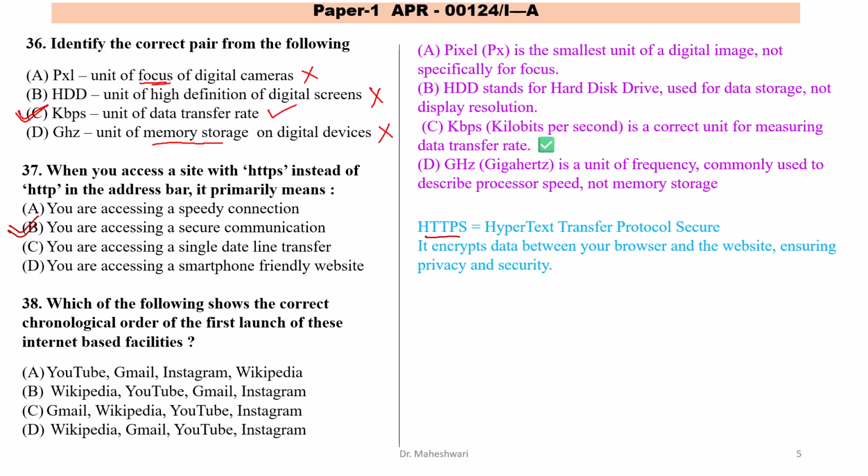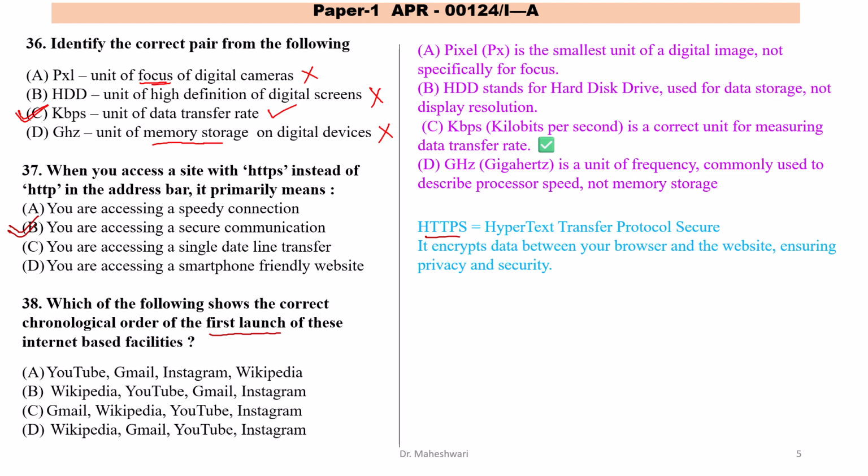Now next one is, which of the following shows the correct chronological order of first launch of these internet based facilities? Chronological order means which one was launched first, in increasing order, so the earliest first and then the latest one.